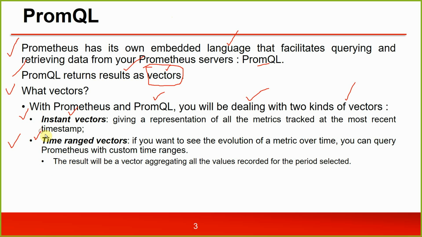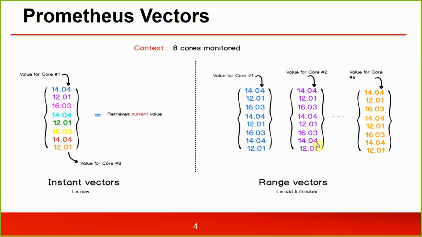Second is time ranged vectors. If you want to see the evolution of a metric over time, you can query Prometheus with custom time ranges. The result will be a vector aggregating all values recorded for the period selected. That is time ranged vectors. We'll look at some examples.